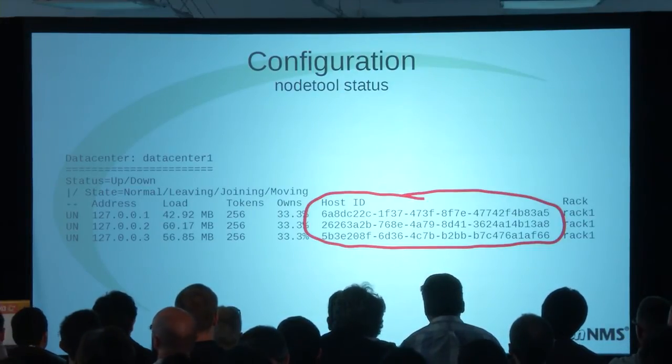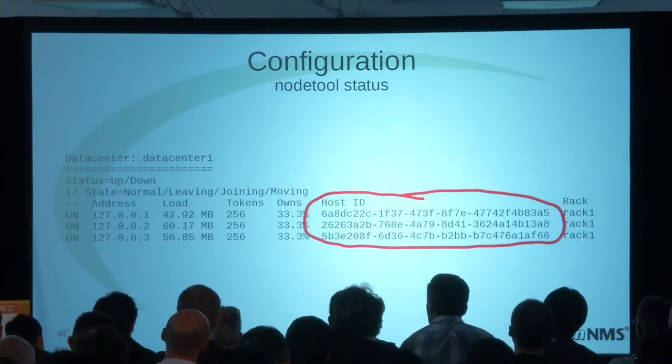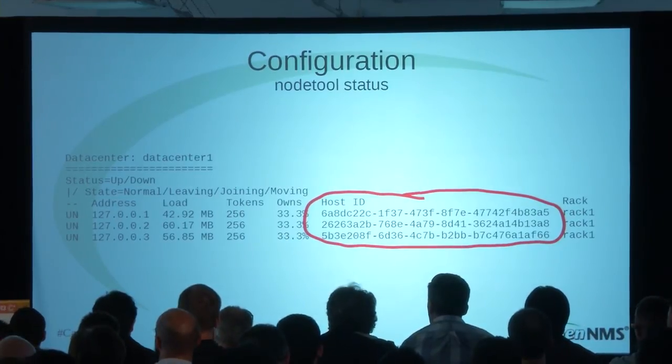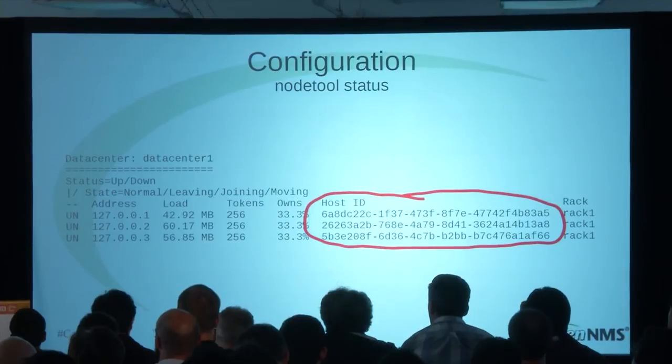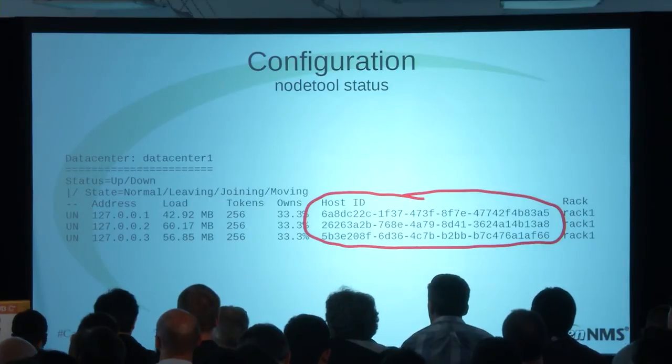One interesting thing about the output of nodetool status is that we display a host ID. It used to be an assumption throughout the code base, documentation, and best practices. We referred to a node by its token because there was only ever one token. It was the only thing that was globally unique about a node.